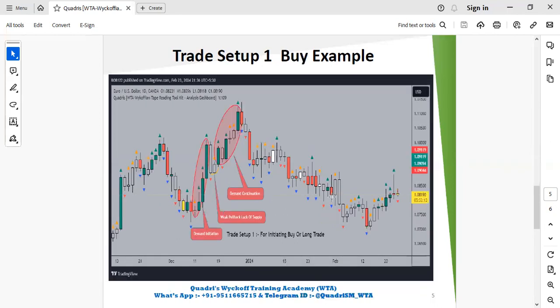After this, trade setup 1 buy example. Here price shows demand initiation, then we have a pullback, and after that pullback, this demand continuation candle prints. You can initiate a buy over here and place your stop either here or here.